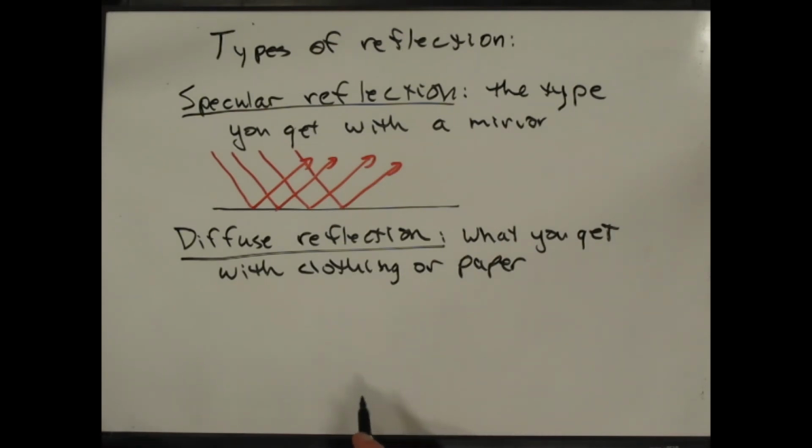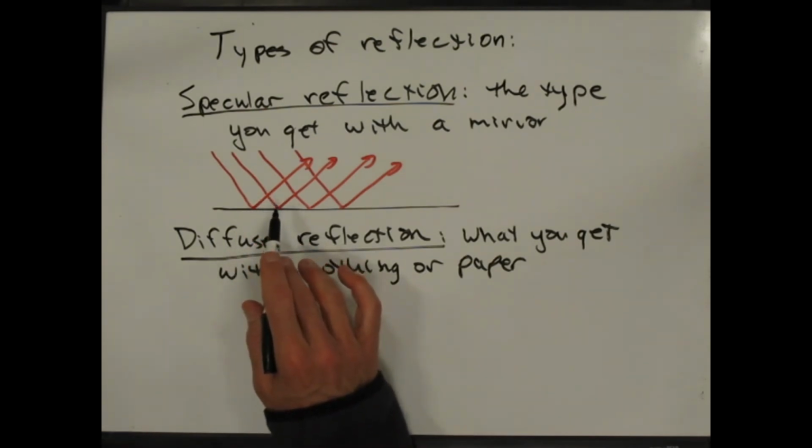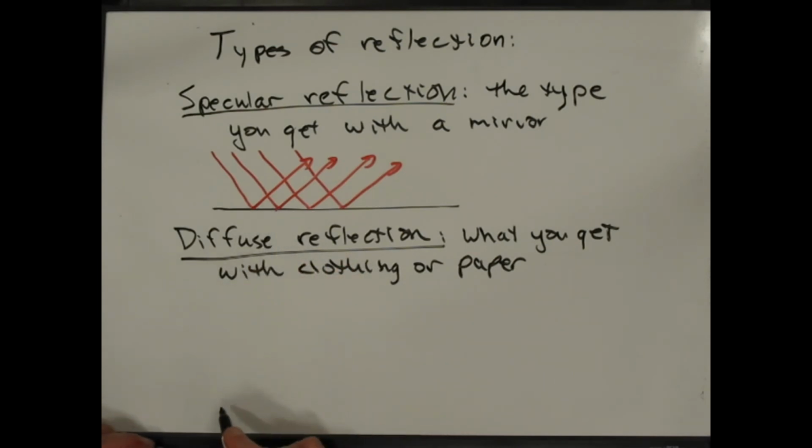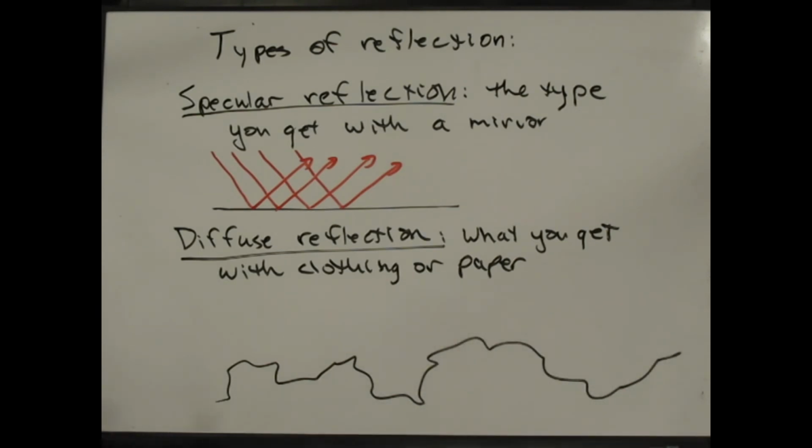If you look at the surface of paper or clothing on a microscopic level, comparable with the wavelength of visible light, something that's really tiny, the surface of a sheet of paper might look like this. Might look like that.